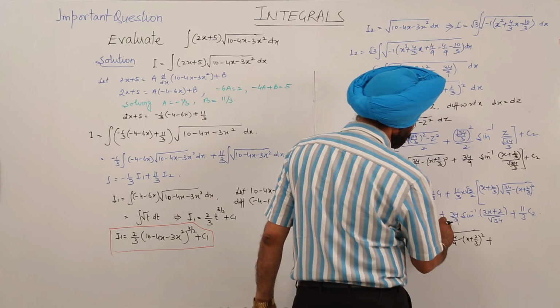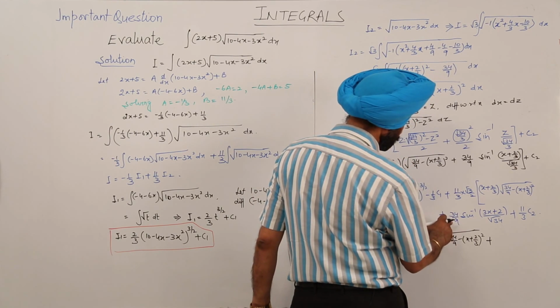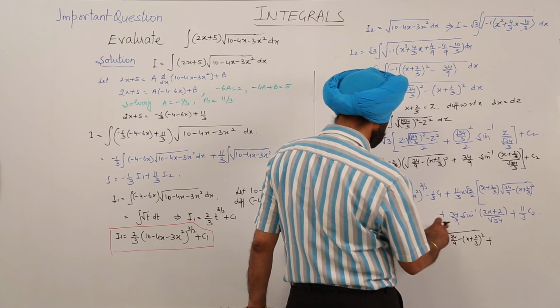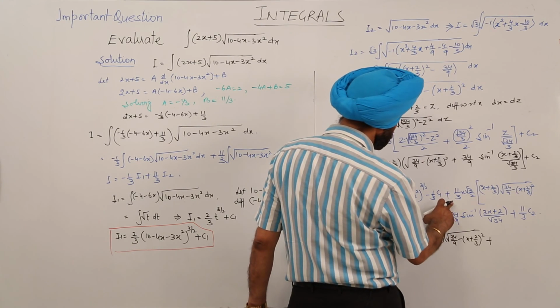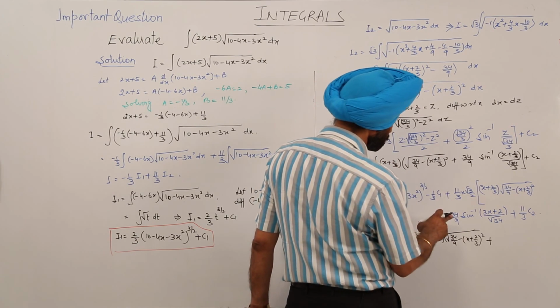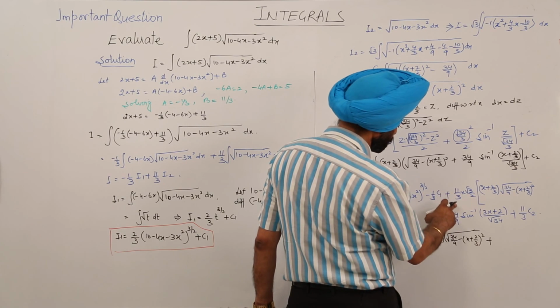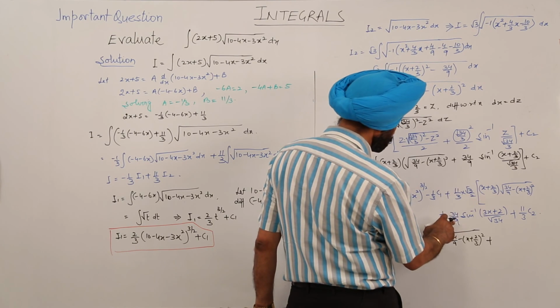So we have 11/3 into root 3/2 into 34/9.